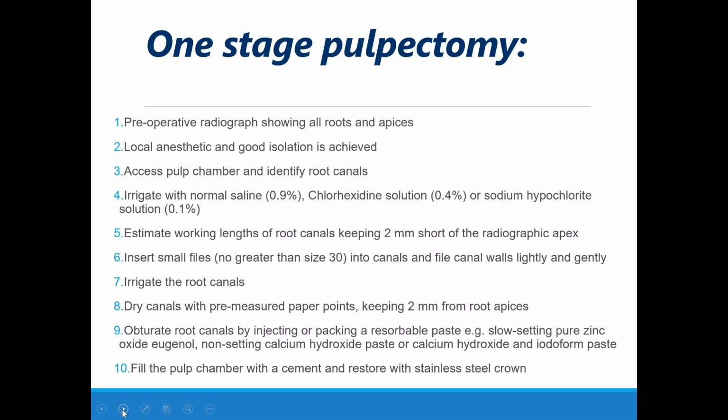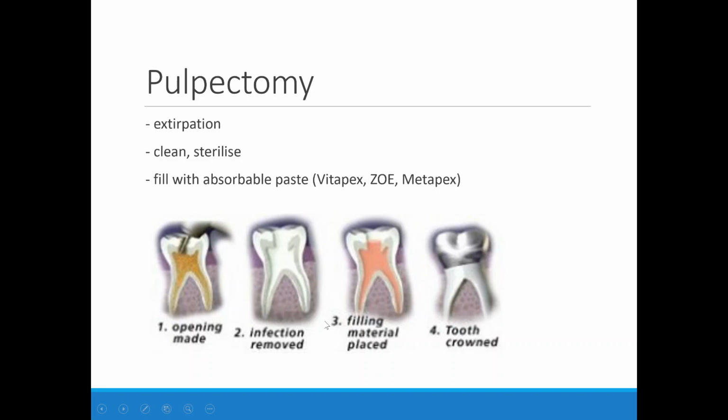So you see that we get access to the pulp chamber, then perform amputation, extirpation, then fill the root canals and pulp chamber with filling material, and then use the stainless steel crown.